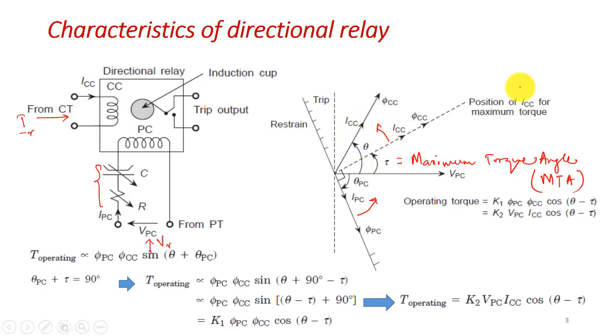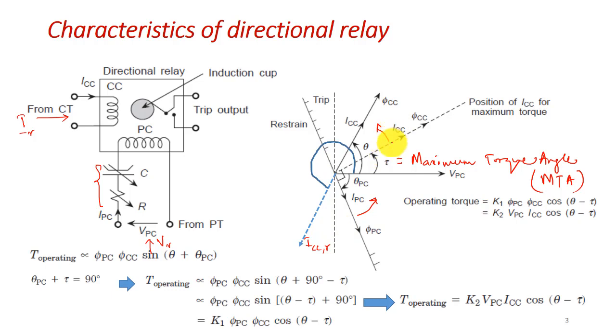Now let us see if the current reverses, will the relay detect it or not? If the current reverses, it will be here, ICC in the negative or reverse direction, so I can mark it as ICC reverse.